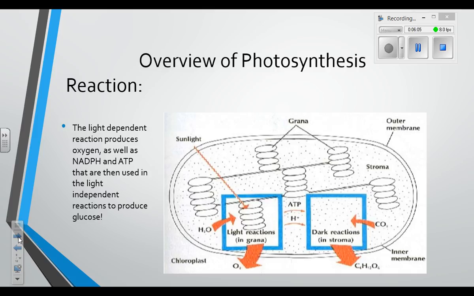Like I mentioned, you need to know the reaction for photosynthesis. So you should be able to recognize that during photosynthesis, I take 6 molecules of CO2 gas, 6 molecules of H2O liquid.